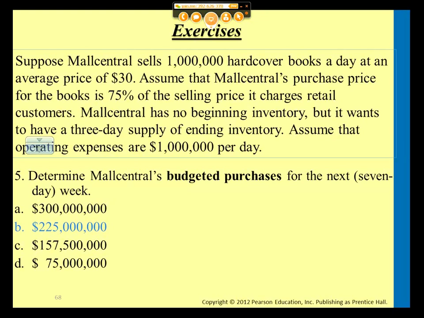I have 1 million books that I'm selling a day, right? If I multiply those two, what do I get? So 30 million. What is the 30 million here?